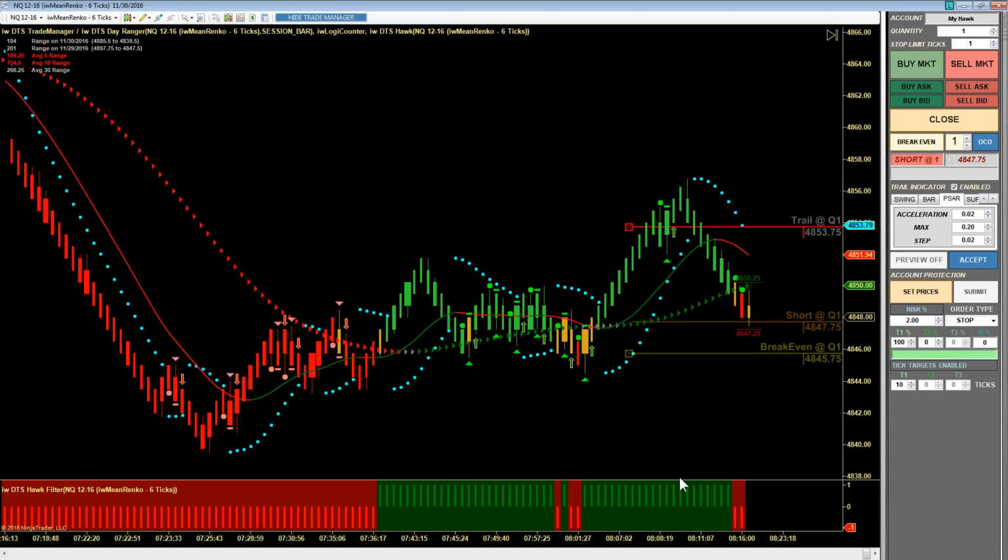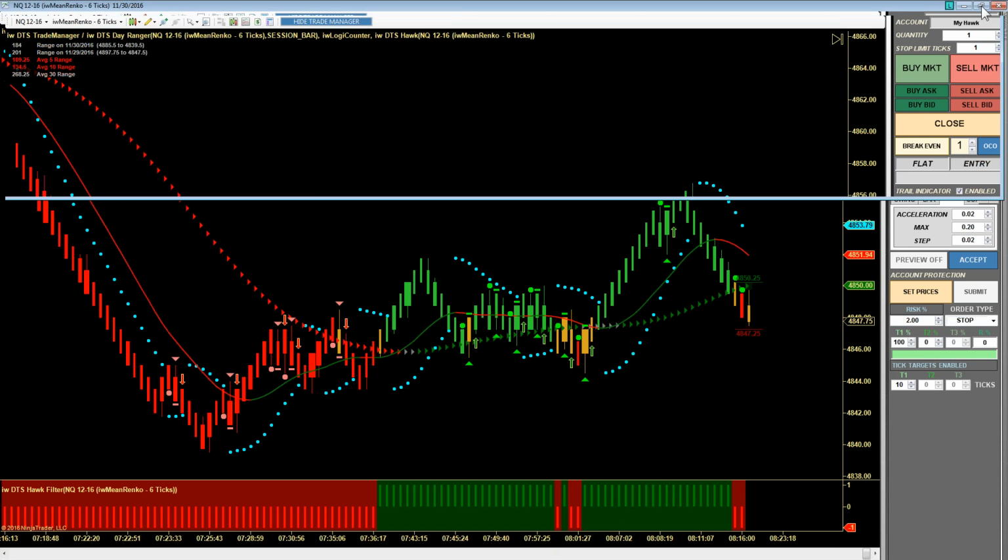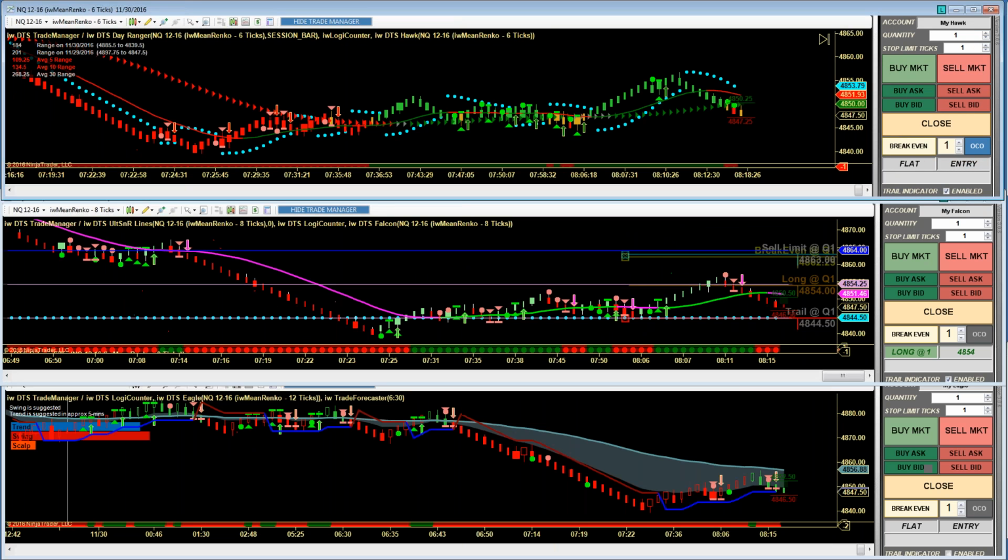All right, so that's how the OCO function works. And normally I show that off around crude inventory report, but not today.